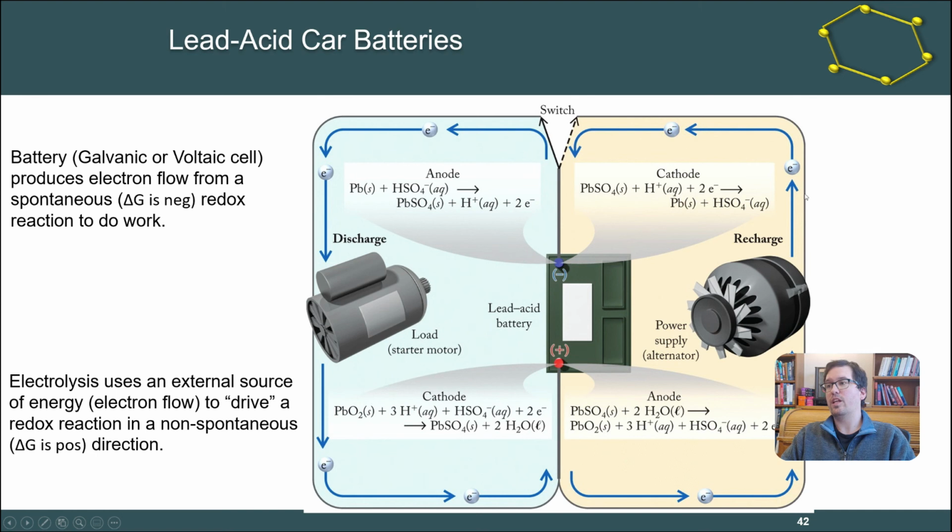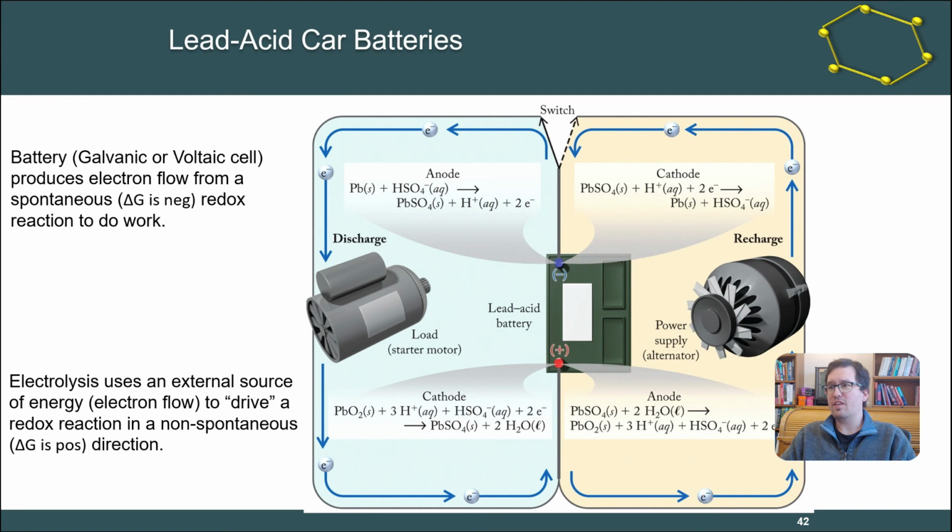Electrons are flowing from the alternator to the cathode, which is our lead sulfate becoming lead, going from +2 to 0. So that's going to be a reduction. A red cat, don't forget that mnemonic device. And so it's going from positive to negative as we are recharging. All right, so that's the basic premise of how a lead acid car battery works.